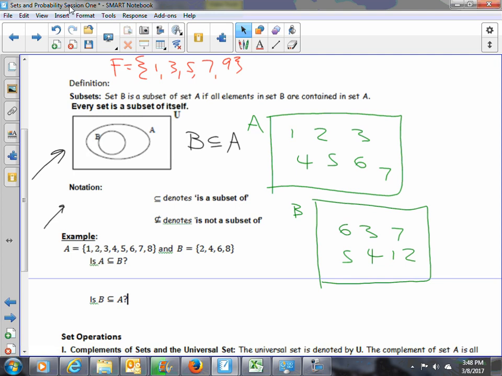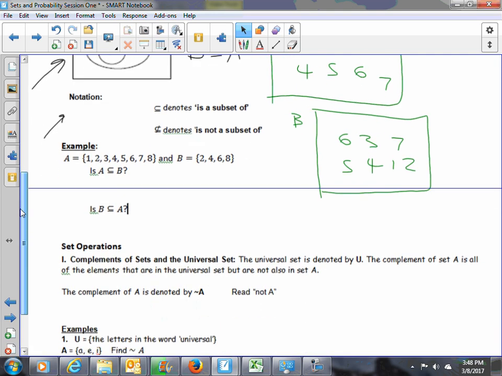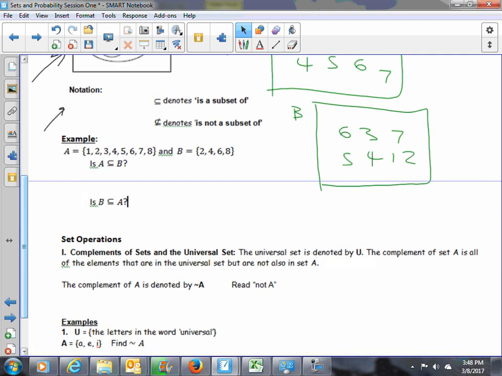Now, if you look at the examples here, we've got an example where A is the set 1, 2, 3, 4, 5, 6, 7, 8, and then B is the set 2, 4, 6, 8. It says, is A a subset of B? Well, that's not true, because there are elements in A, 1 for example, that are not in B. For A to be a subset of B, it has to be less than or equal to B. In this particular case, A has things that B doesn't have, so A is not a subset of B. Let's just write a no here.